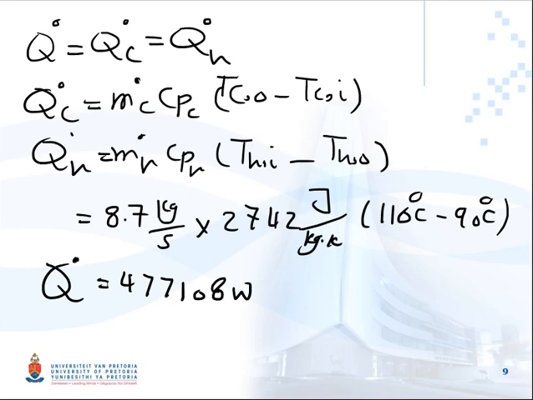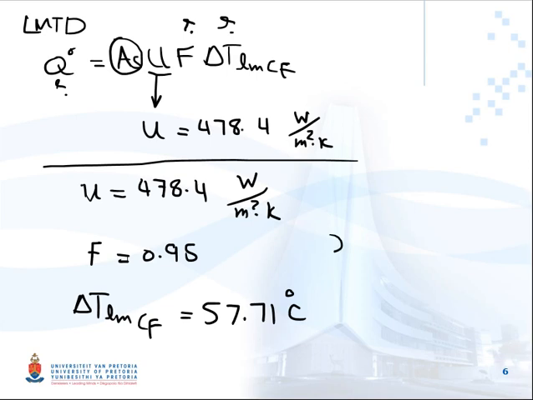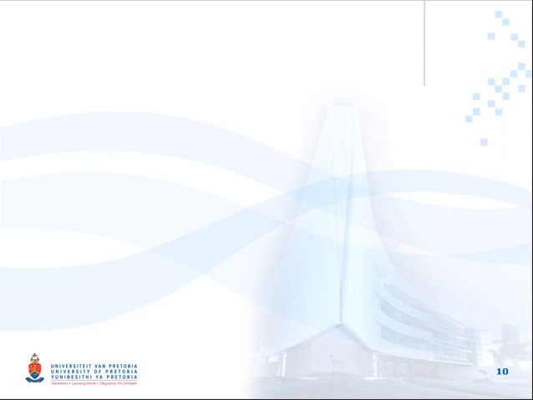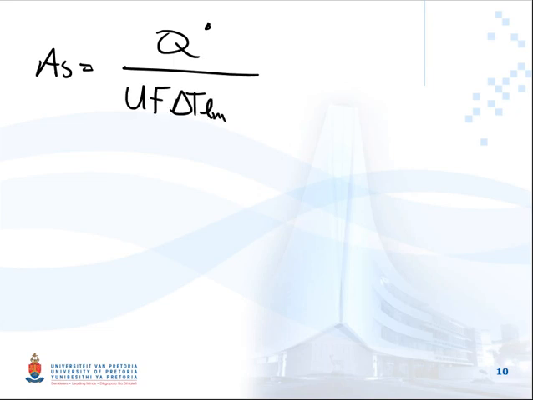Okay, now let's go back and write it here, and we have Q dot is equal to 477,108. Okay, now we have all the values, so simply we can calculate AS. So here, let me just write it down. This is Q dot divided by U F delta T LM counterflow.